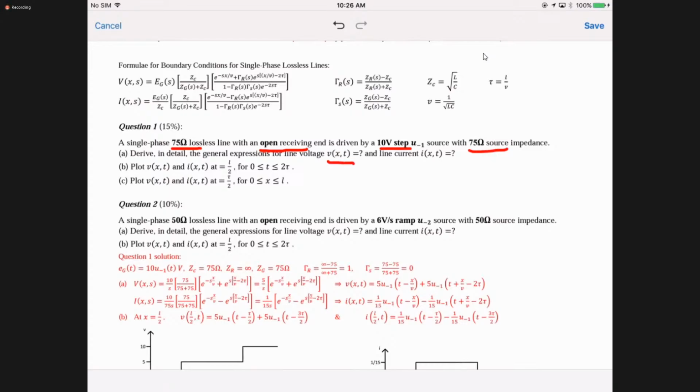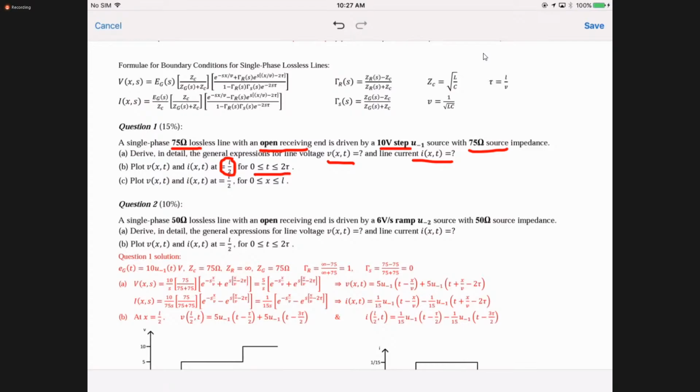You are asked to find the general equation in terms of the distance x and the time t, for the current and the voltage. Now you are asked to plot at a distance L divided by 2, that means in the middle of the cable.